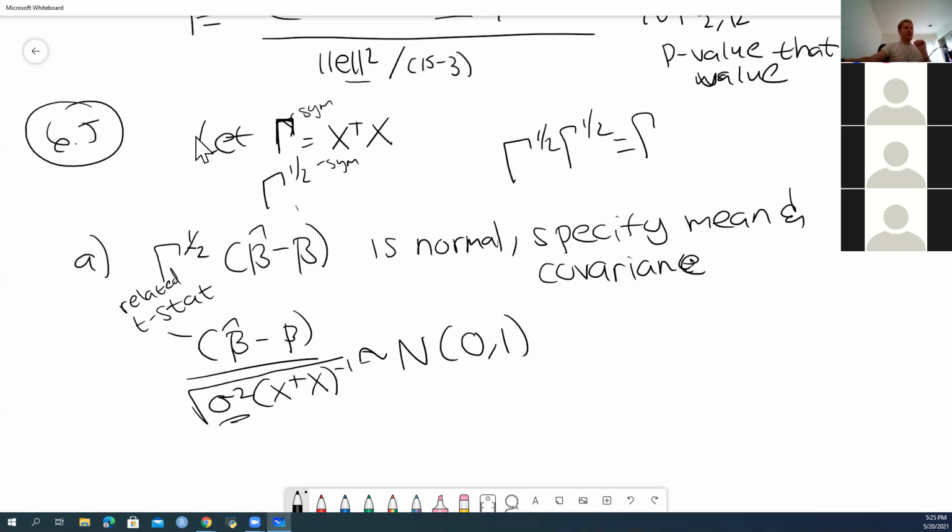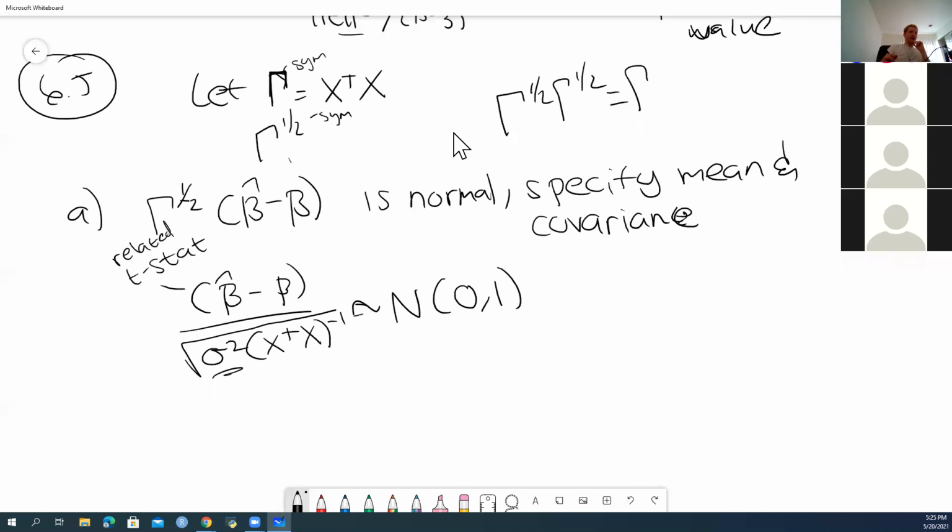So more simply, we can say beta hat minus beta is distributed as normal, still with mean 0, and the variance is sigma squared x transpose x inverse. Okay, so what would gamma 1/2 times this be?